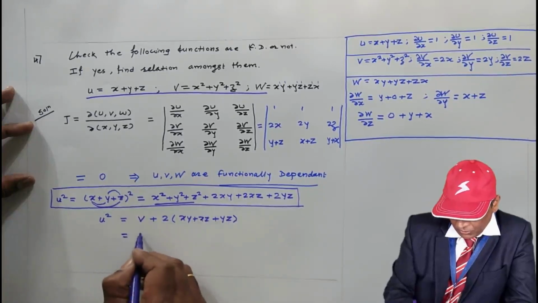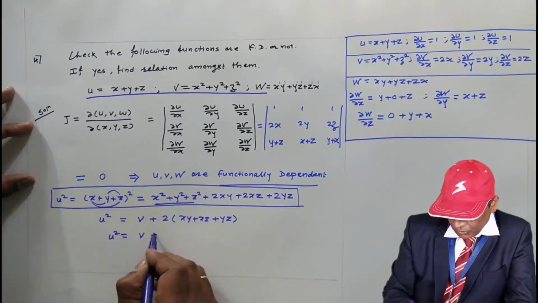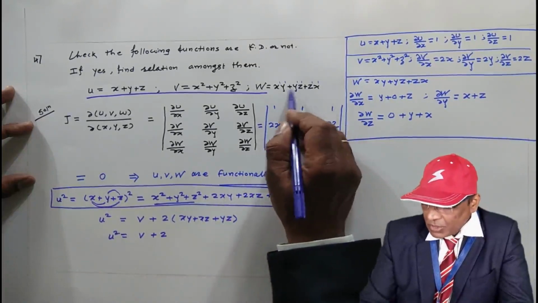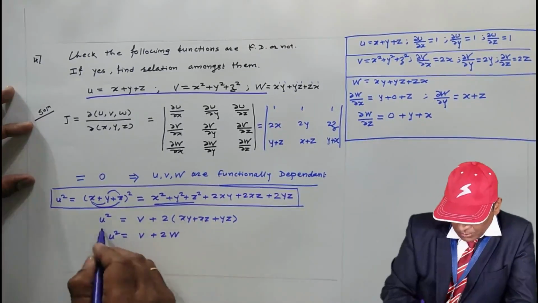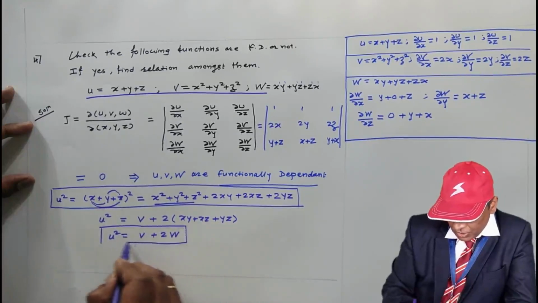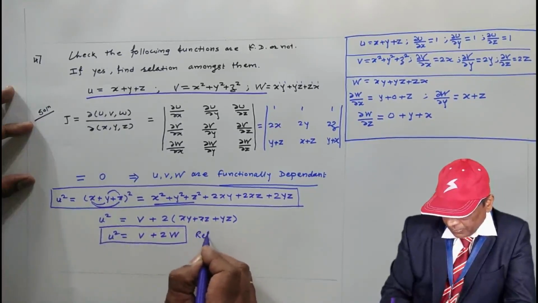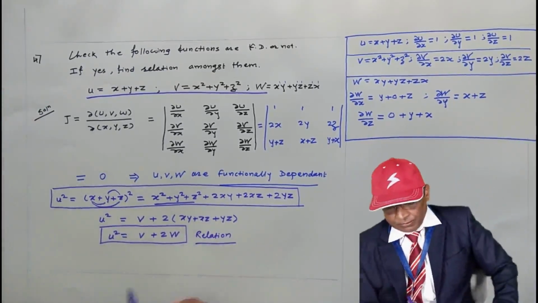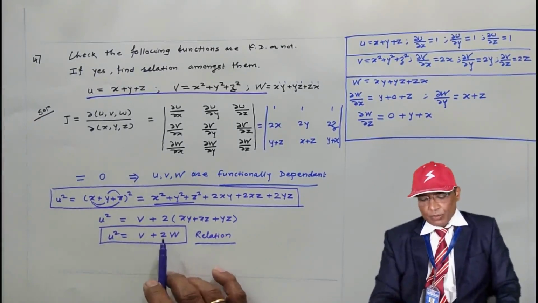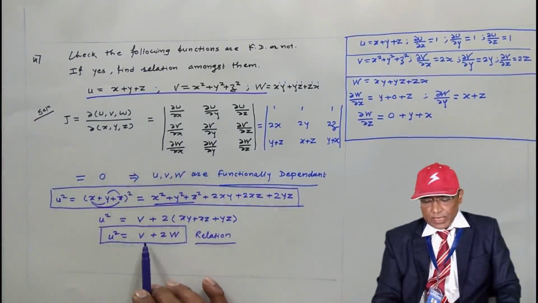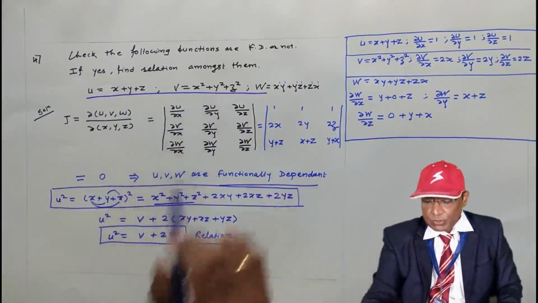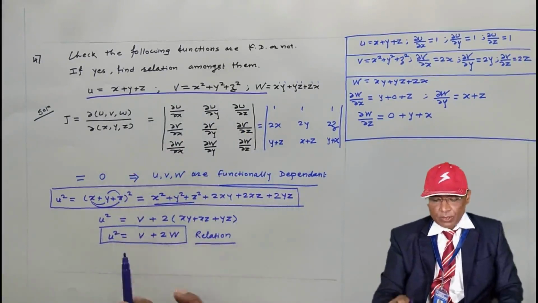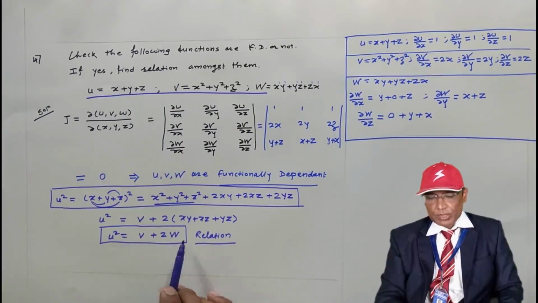Then u square equals v plus 2 times xy plus xz plus yz, and xy plus xz plus yz is w. This is the relation amongst u, v, w. In the relation of these 3 variables, x, y, z should be absent on the right hand side. We don't want x, y, z on the right hand side. So this is the relation amongst u, v, w.